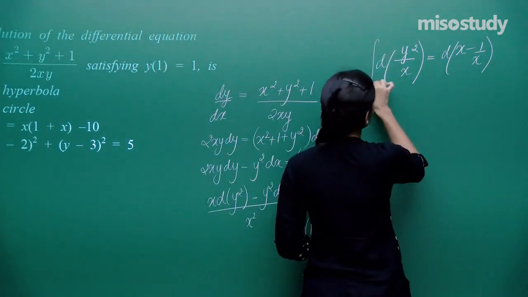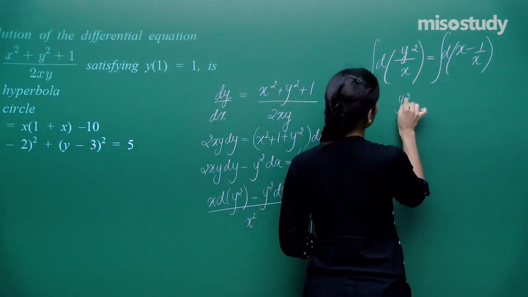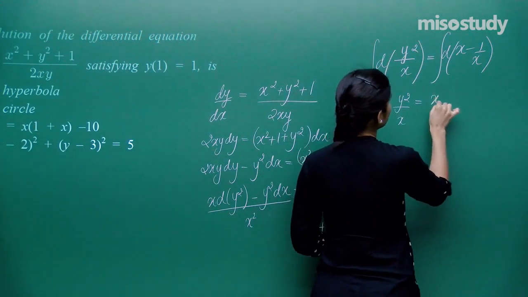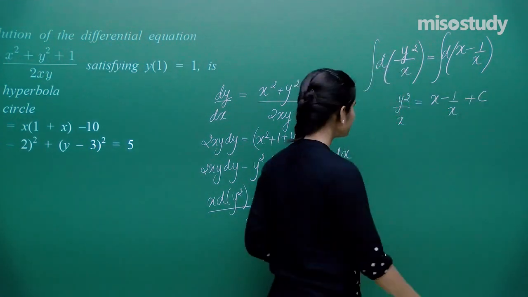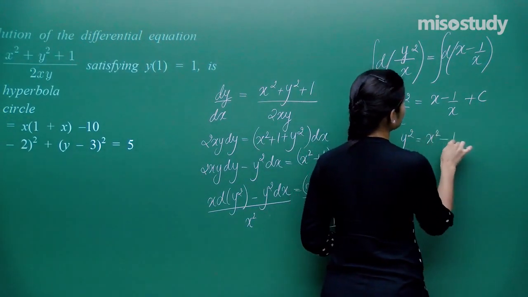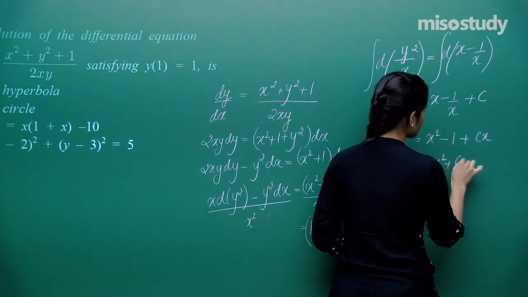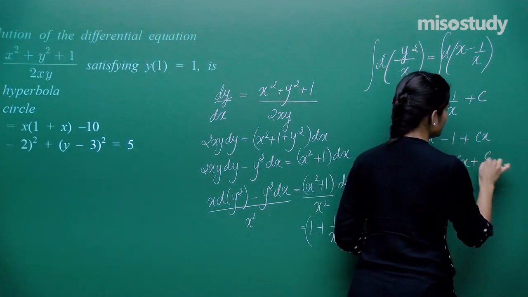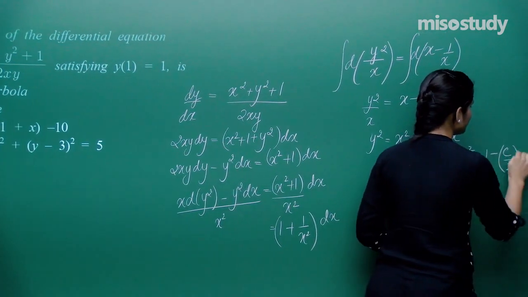Again, when you integrate both sides, you obviously get y square by x equals x minus 1 by x plus the constant of integration. And over here you get y square equals x square minus 1 plus cx, which you can write as x square plus cx plus (c by 2) whole square minus 1 minus (c by 2) whole square.